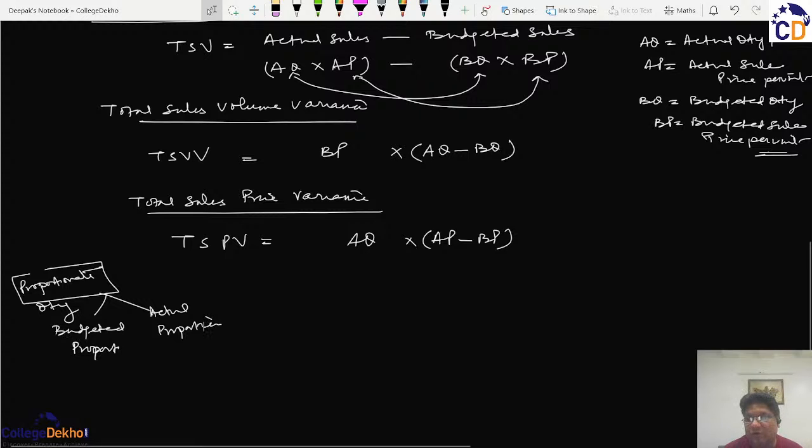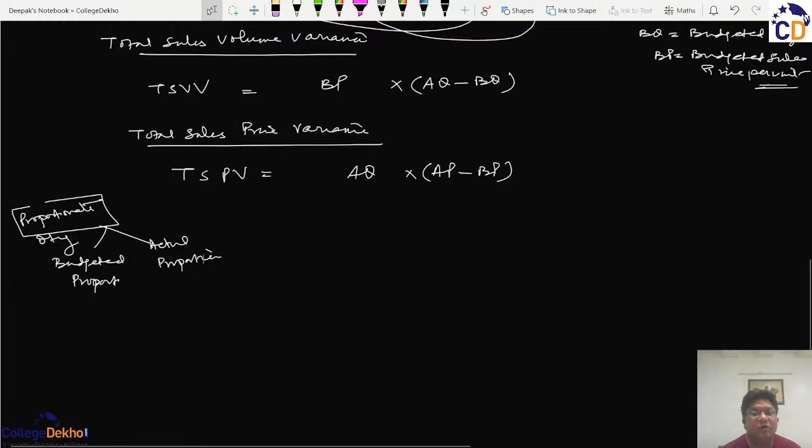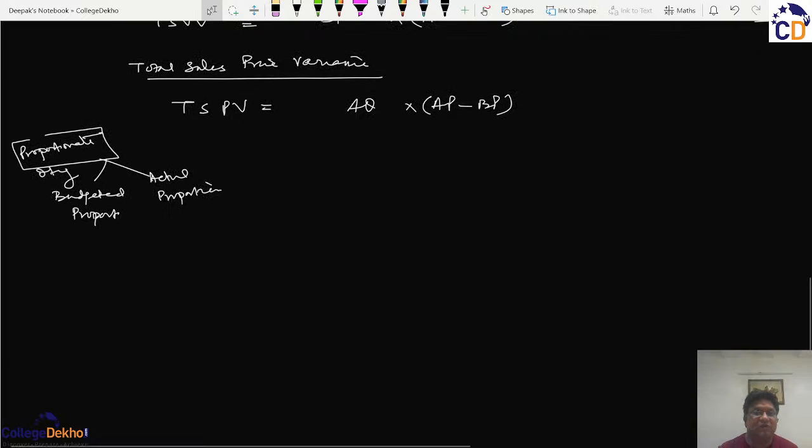And this may have a positive as well as a negative impact on the profitability, depending upon the quantity of which product has increased, whether it is an increase in the quantity of an expensive product, or an increase in the quantity of a less priced product. So that is why, to measure the impact of such change in proportion, we also measure the total sales sub quantity variance and total sales mix variance.